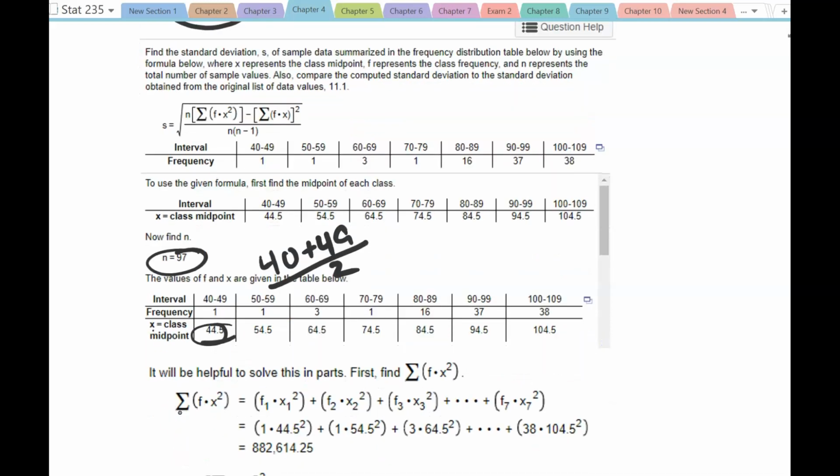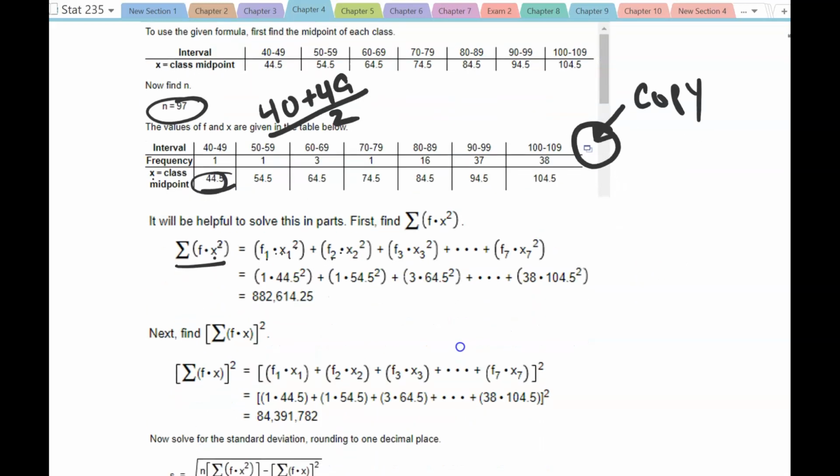So here, the sum of the frequency times X squared. So frequency 1 times X1 squared plus frequency 2 times X2 squared. And you can see setting this up, there's a lot of buttons to push in your calculator. If you push this button here, you're able to copy or paste it into an Excel document or in StatCrunch, and you can actually have the program do these calculations and then sum them up.